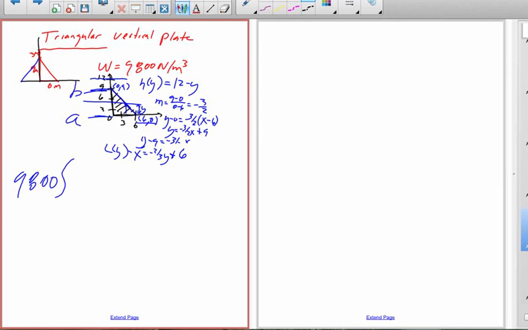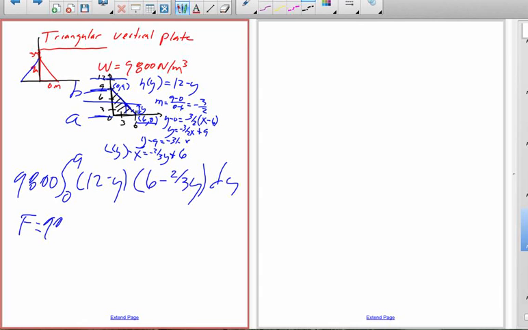So it's the integral from 0 to 9 of my h of y, which is 12 minus y, times my L of y, which is 6 minus 2/3 y, dy. My force is equal to 9800 times the integral from 0 to 9 of, once I expand this out, 2/3 y squared minus 14y plus 72 dy.